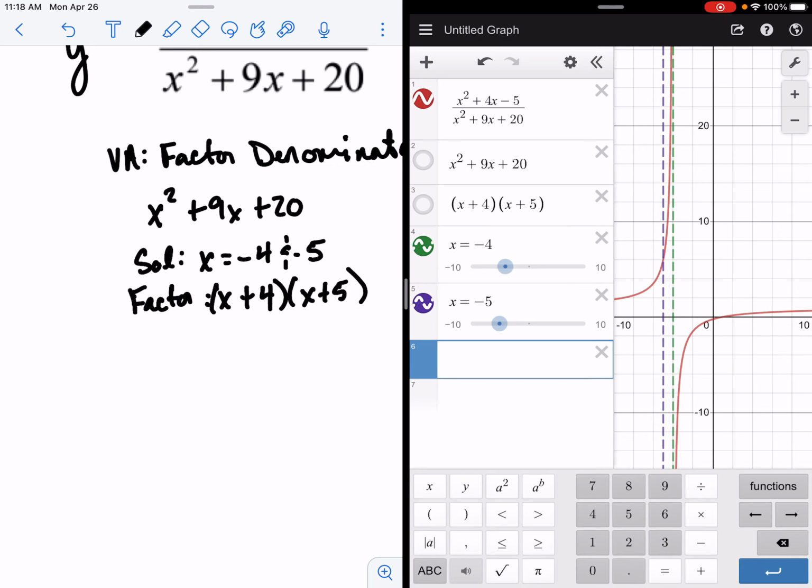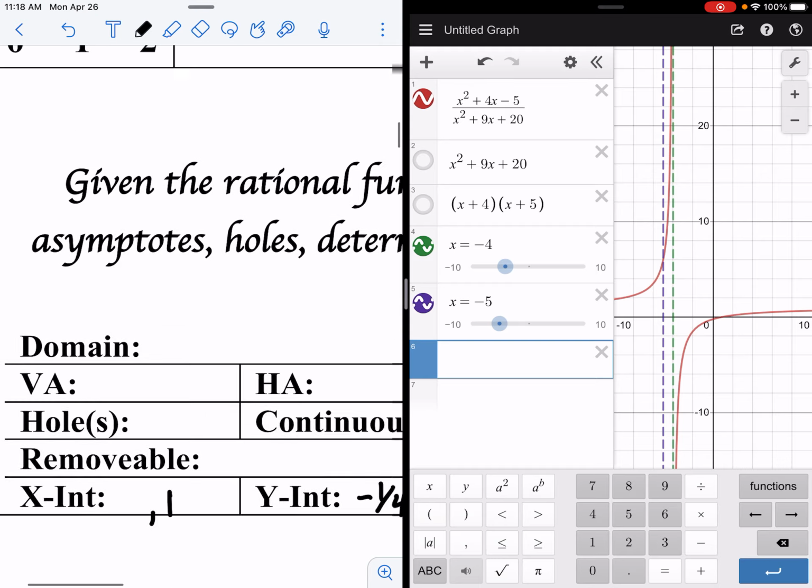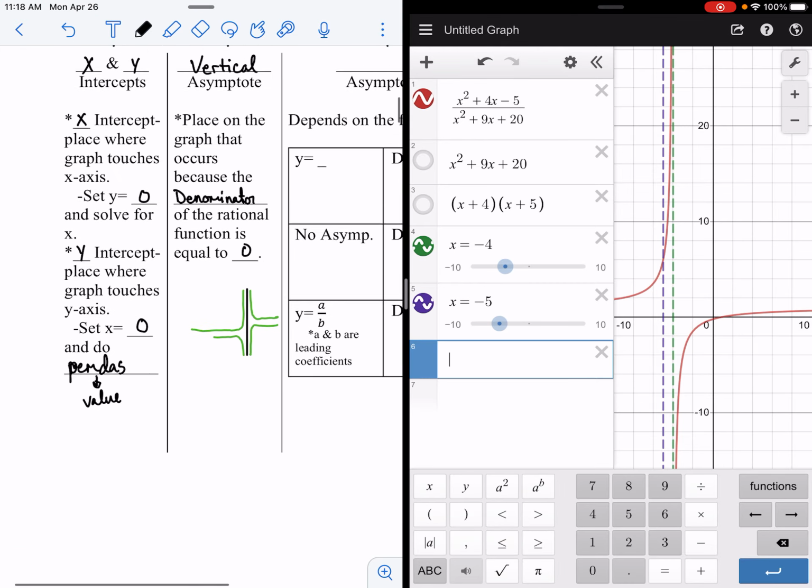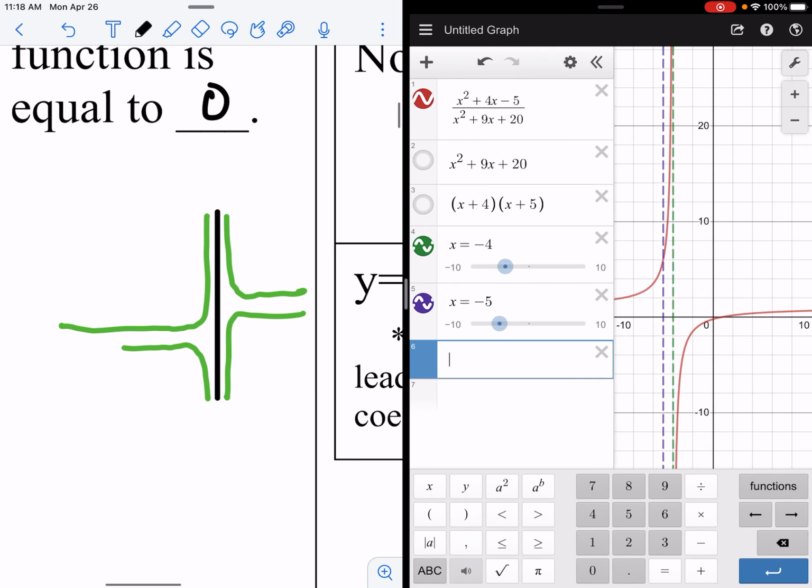So remember, an asymptote is truly an asymptote if the graph approaches it and then makes a hard turn either up or down, coming from either left or right, but it does not cross it.